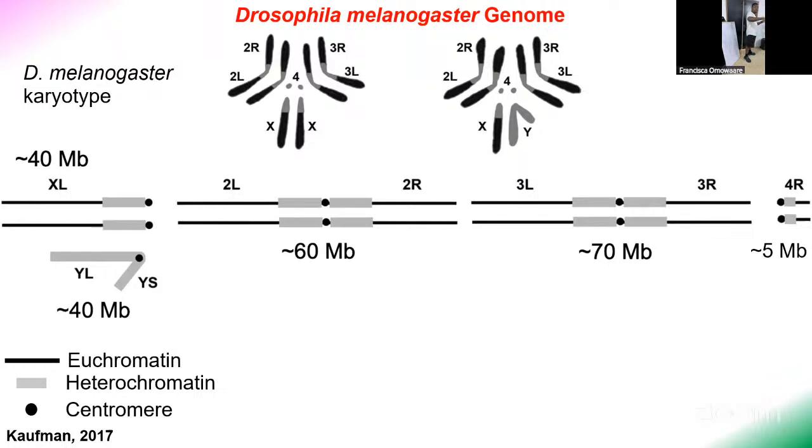Let's say I insert something into a particular locus in the fly, what happened? Is that okay? And from the database, we know that there are about 17,000 genes in flies. Is that okay?